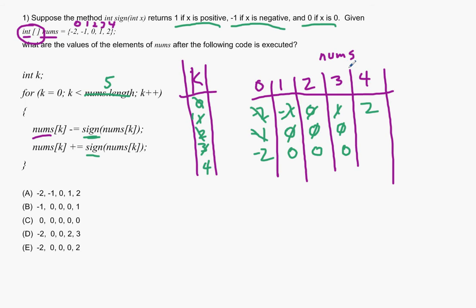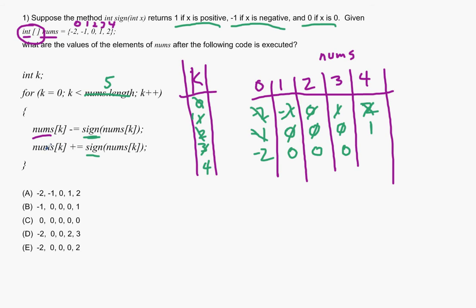Let's see. So I'm going to be dealing with this 2 right here. So the sign of the positive 2, sign is going to return a 1. So 2 minus a 1 is going to get me 1. And then it's still positive, so the sign of a positive number is 1.